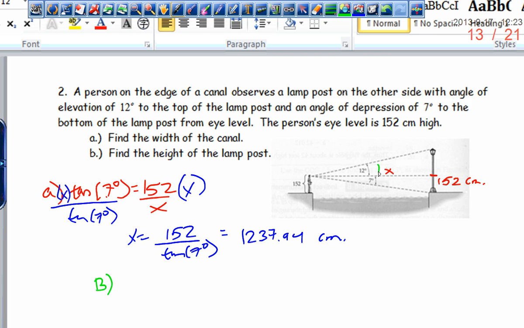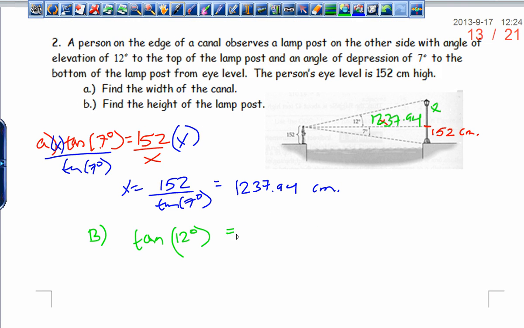Okay, so now that I know this is 1237.94, how can I use that to my advantage? So tan, again, tangent. This time, which angle? 12. Tangent of 12 equals opposite over adjacent, so what am I doing here?